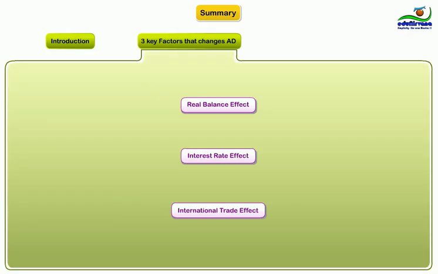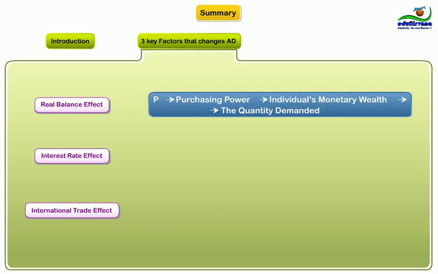Three factors were discussed which lead to changes in aggregate demand or aggregate supply equilibrium triggered by prices. Real balance effect: price increases, purchasing power decreases, individuals' monetary wealth decreases, the quantity demanded decreases.